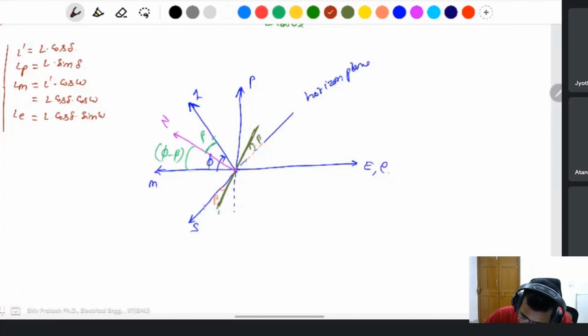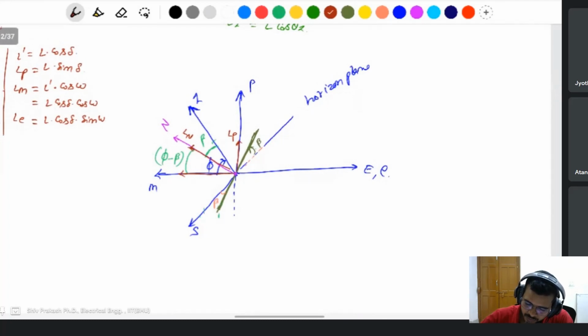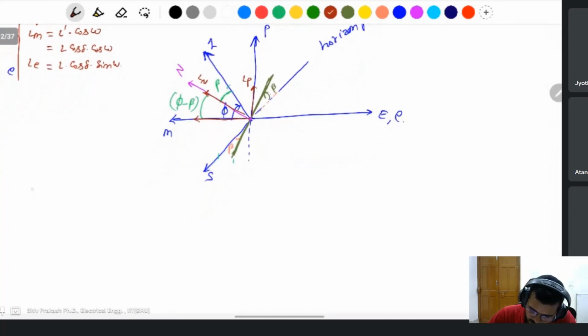If you have Lm and Lp, then you can calculate Ln.